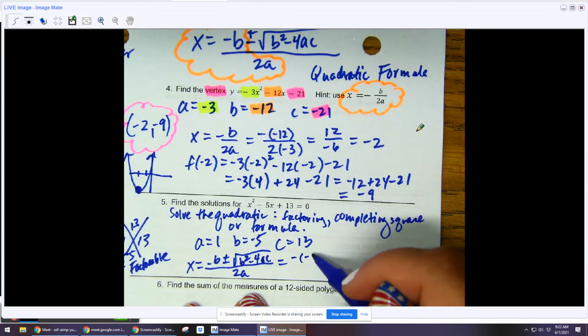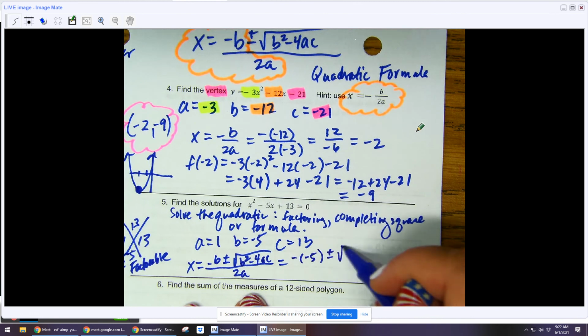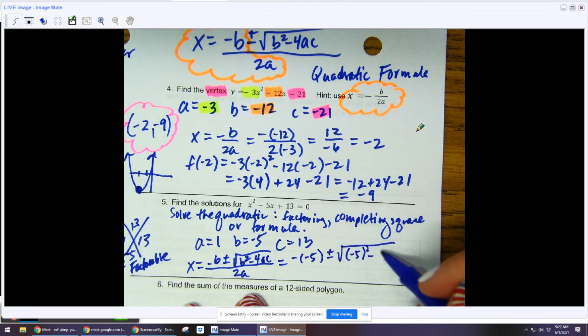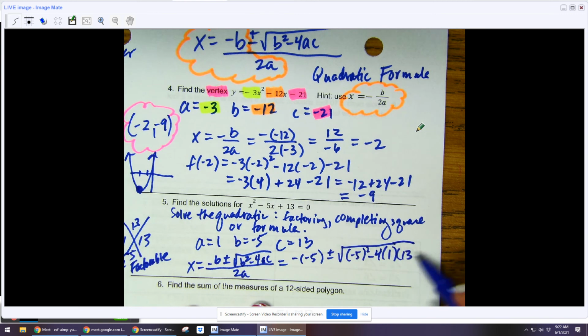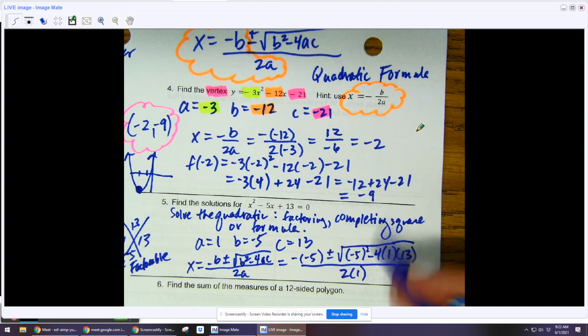So -5, -5 squared, times -4 times 1 plus times 13, all over 2 times 1. I'm going to keep simplifying this down here. So that's going to turn into +5 over 2.